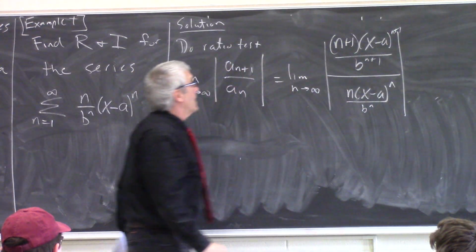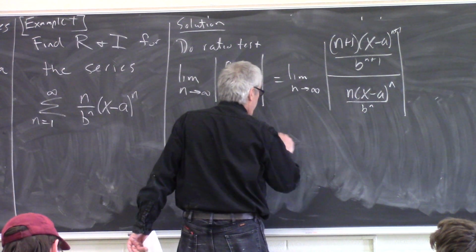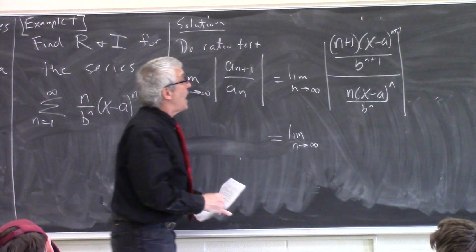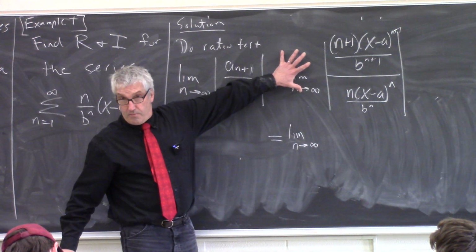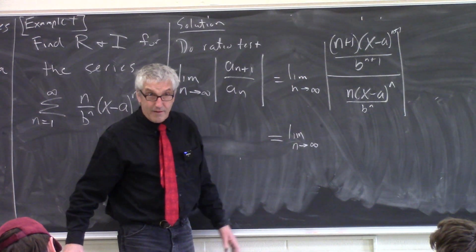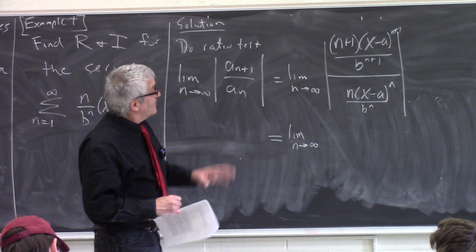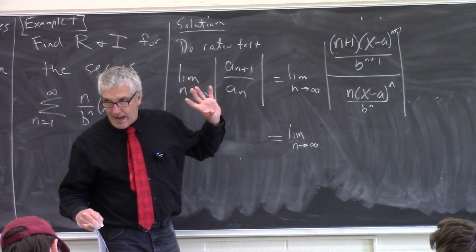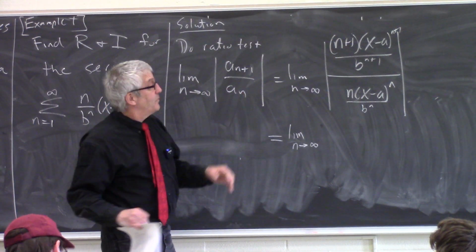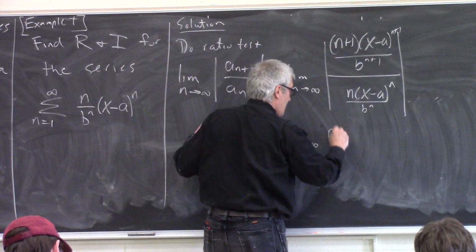And as I did on Monday, I hate fractions over fractions, so I'm going to rewrite this with a single baseline. And so keep in mind, I'd like to stop doing this step. We always know it's going to be this divided by this, and we're going to have to rewrite things with a single baseline. So I'm going to do that now. And I'm going to stack things so that things that are going to cancel are stacked above each other. So let's see. In the top, I'm going to have an n plus 1.